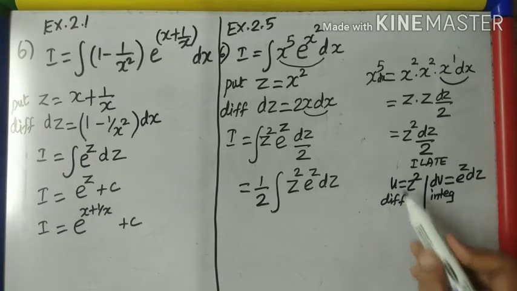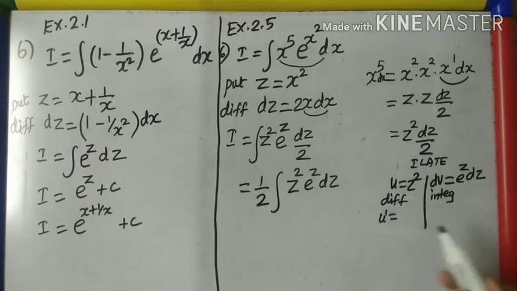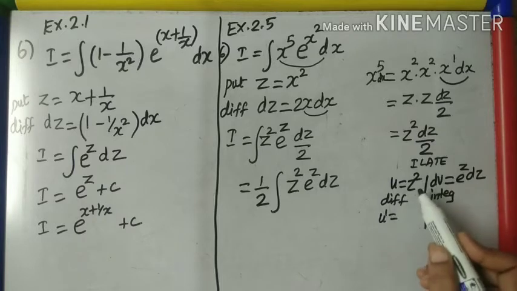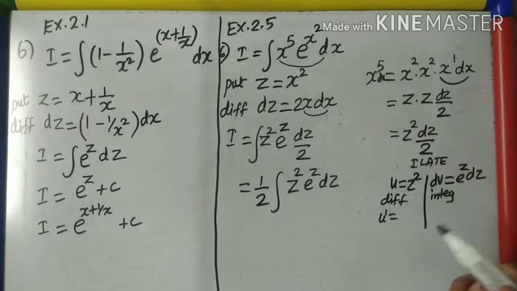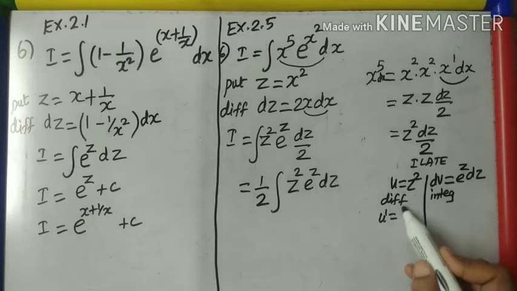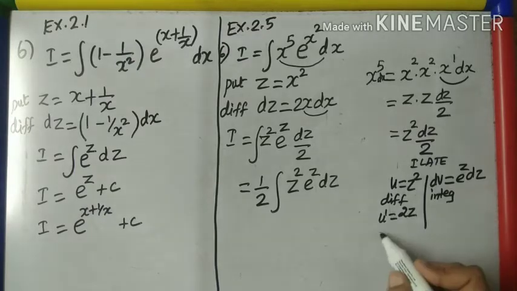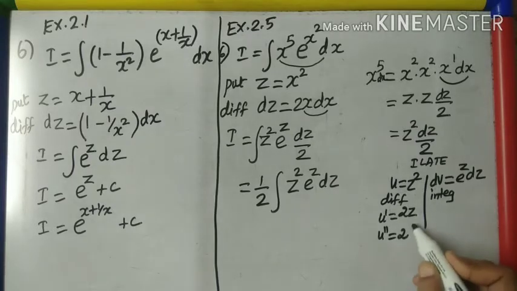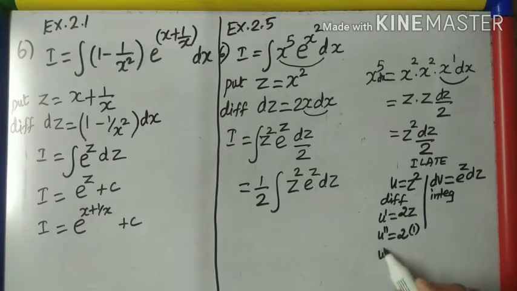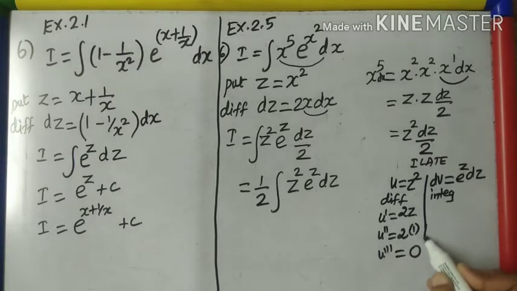U will become u dash. Z square means somewhat like x square. X square becomes 2x, so z square will become 2z. Double dash, next derivative: 2 into z will become 1. Triple dash, it's a constant which will become 0.